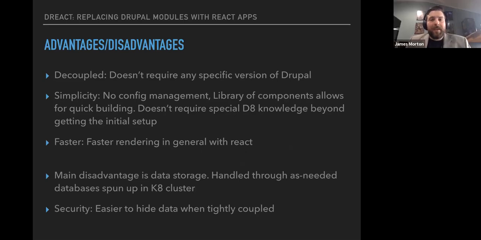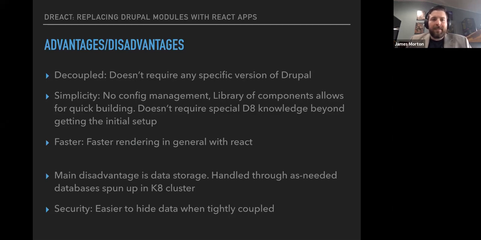So this method, advantages, disadvantages, I'll go over a couple of these and then take some questions. We can talk about different opportunities that you see for usage or for extending the functionality here. First of all, the apps themselves are decoupled.